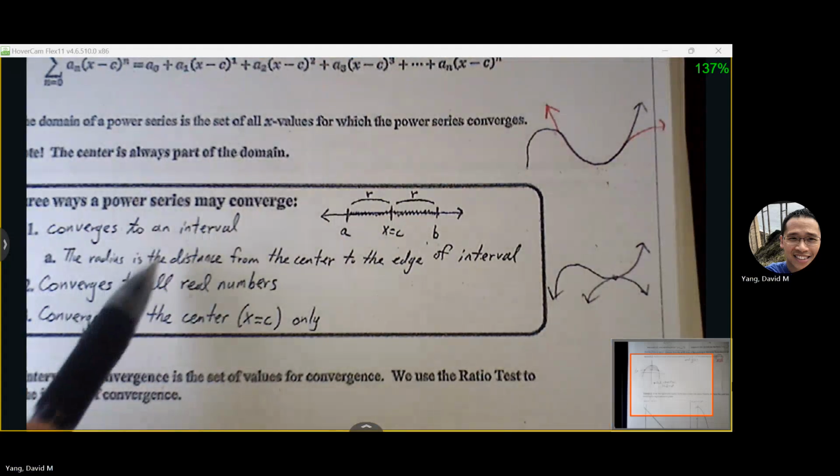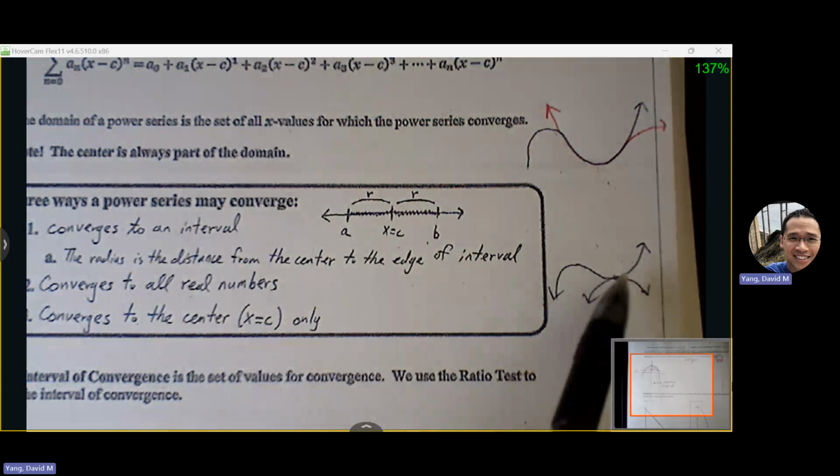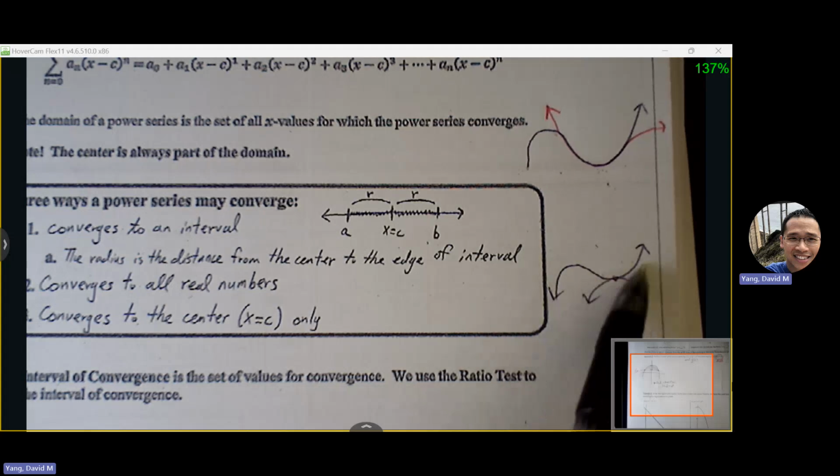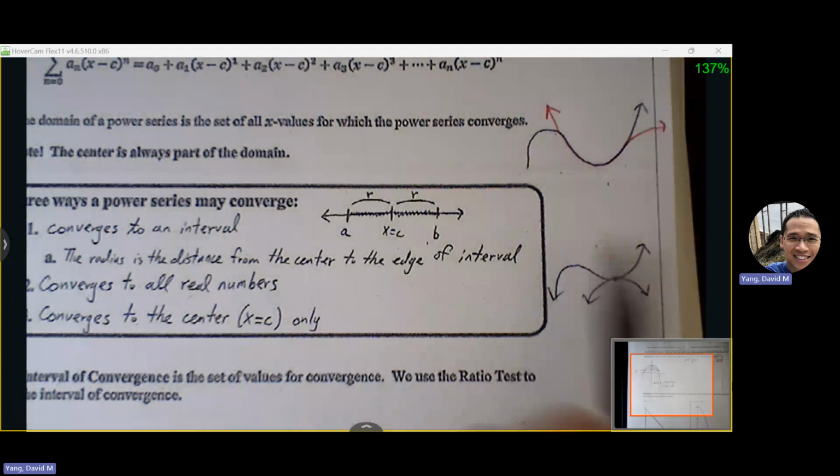A power series can at least converge to the center, because that's not hard to do. But sometimes that's the only thing it can do, depending on what the graph is like. So our interval of convergence is always one of these three answers: infinity for all real numbers, just one point, or a range of values. Okay.